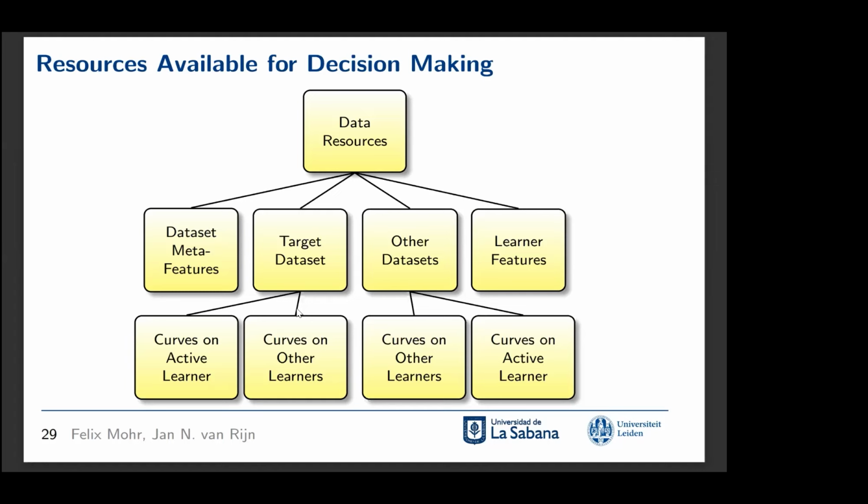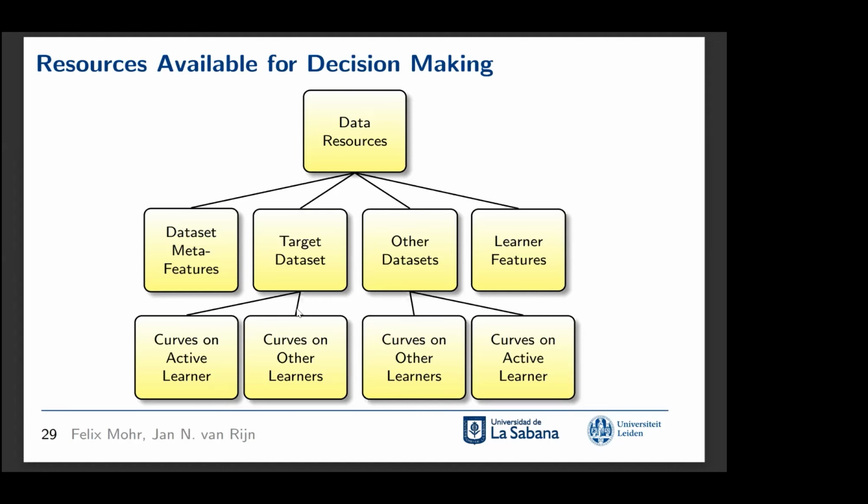If you have never observed that the learning curve of a perceptron outperforms the learning curve of a random forest, and probably you have not observed that, then why would you ever consider the possibility that a perceptron will outperform the random forest? So this is using learning curves on other data sets for this inference problem.